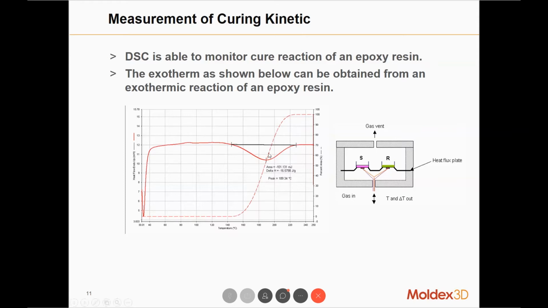So this range is the curing range, and with this curve, we will be able to obtain the curing kinetics for one heating rate. So go back to the previous page.